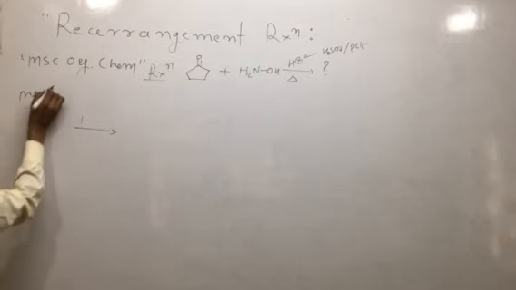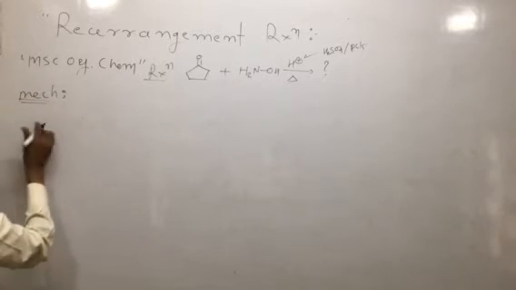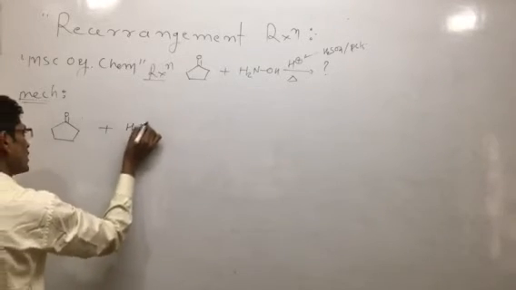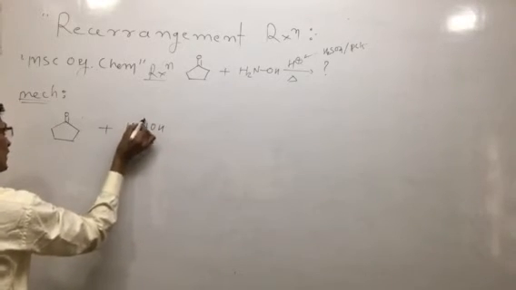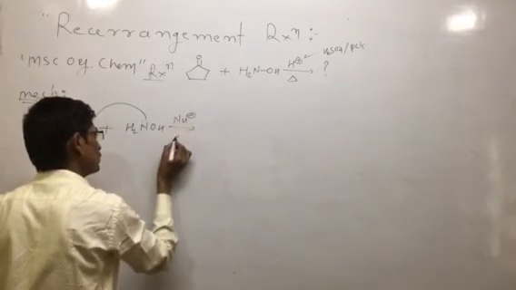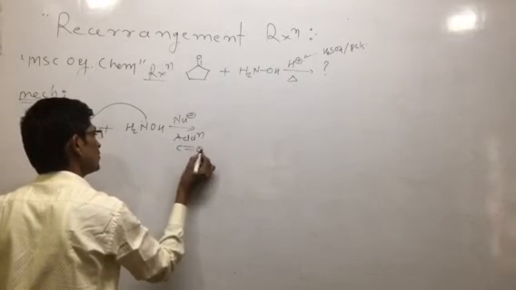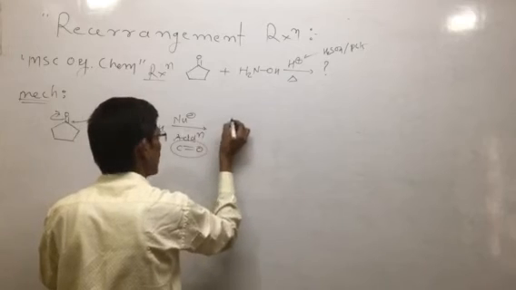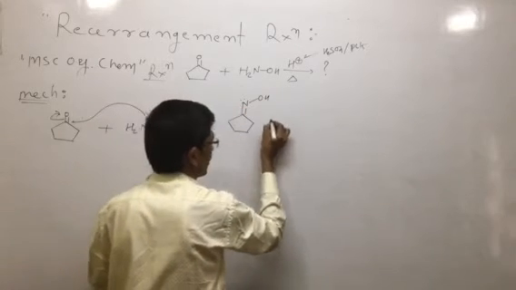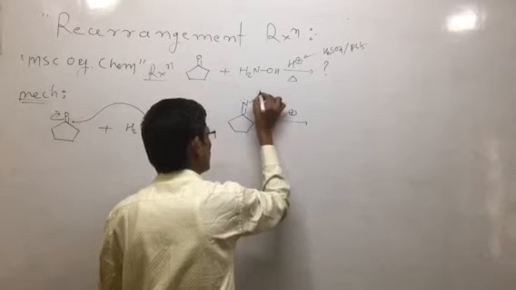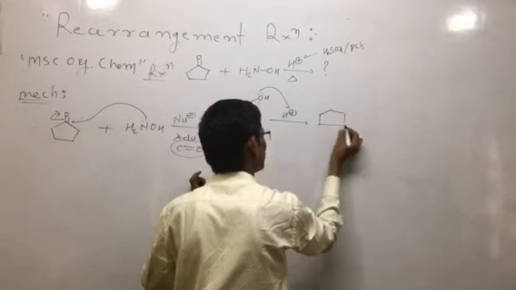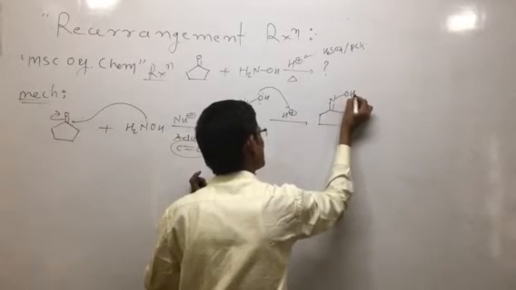As for the mechanism of this reaction, the starting reactant molecule is cyclohexanone, reacted with H2NOH. The lone pair of electrons on nitrogen attacks the carbon, a nucleophilic addition on the carbon-oxygen multiple bond, forming C=N-OH. With H+ in acidic condition, the lone pair of electrons on oxygen takes the proton and OH becomes a good leaving group, forming C=N-OH2 positive.